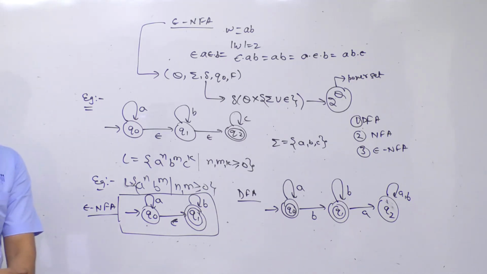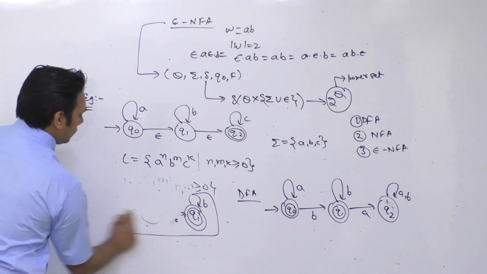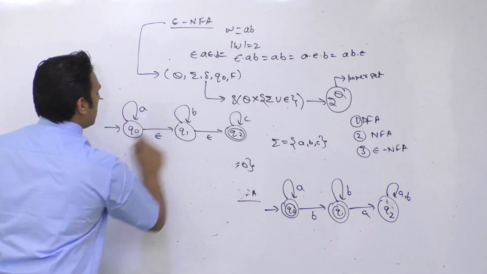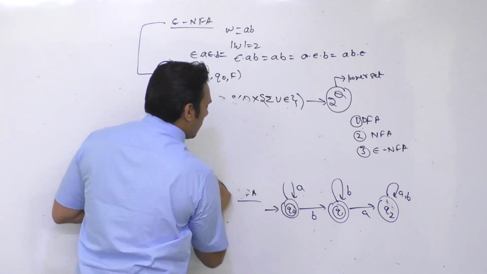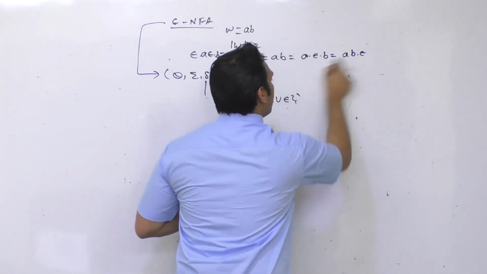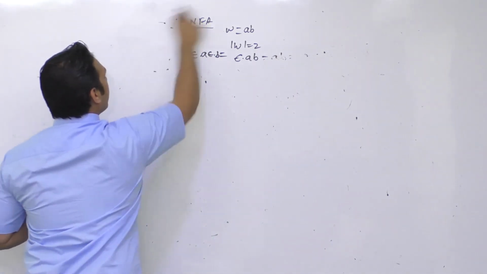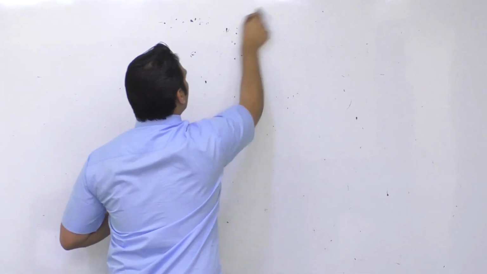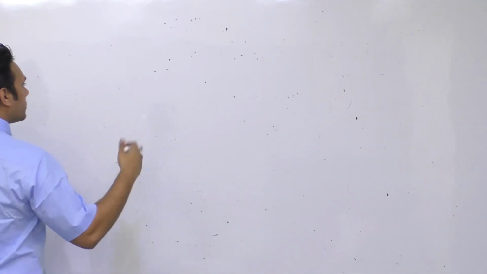So done. Okay, great. So let me take examples of an NFA and let me see how you can convert an NFA to a DFA, epsilon NFA to an NFA, or epsilon NFA to DFA.